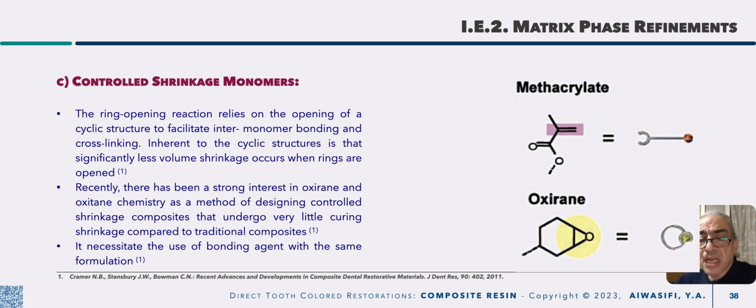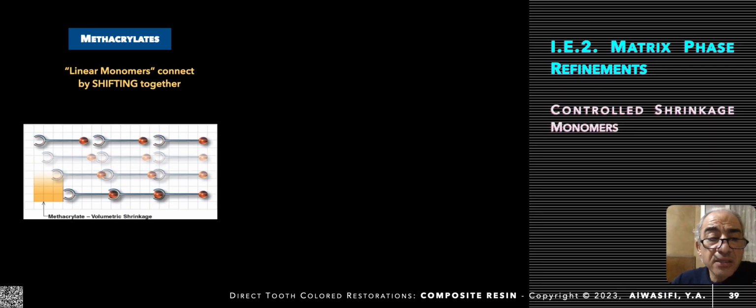They substituted the type of resin matrix from methacrylate or bisphenol glycidyl methacrylate, which are linear monomers, with what is called oxirane, which is a ring monomer. What is the difference? Let us discuss it in this diagram.